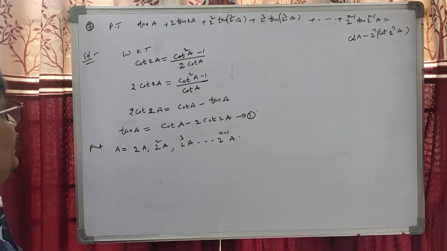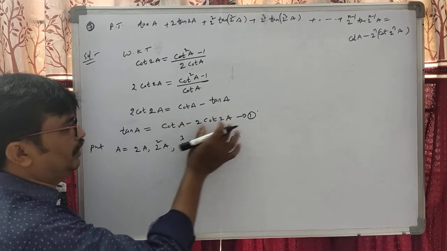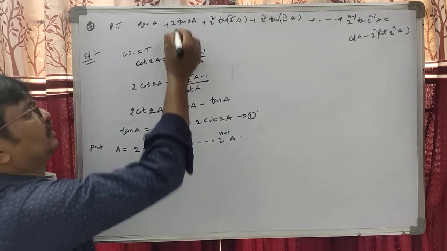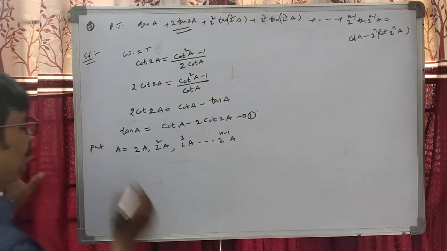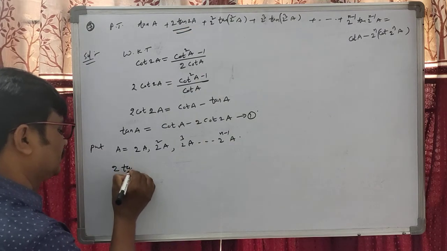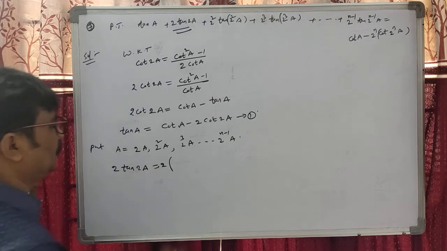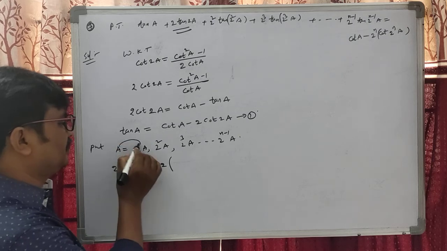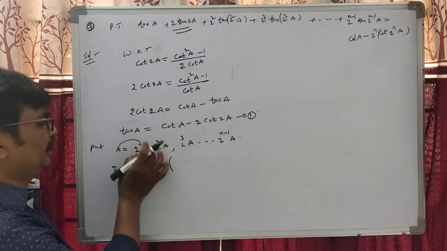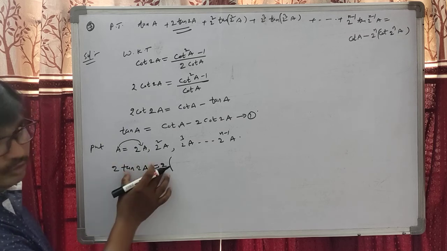So dear students, tan a is the value cot a minus 2 cot 2a. Then, students, we have to find 2 tan 2a. That is 2 into tan 2a, where we replace a by 2a and multiply by 2.